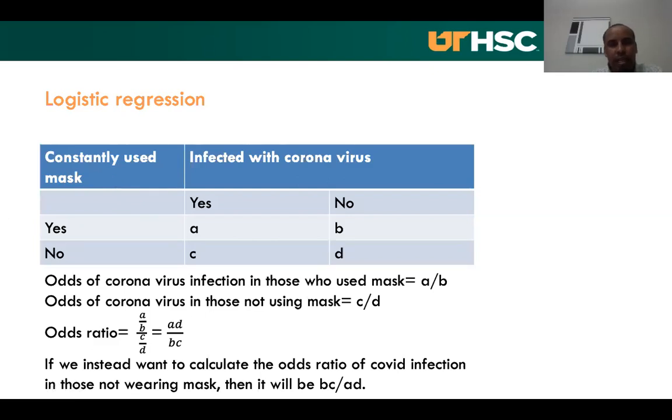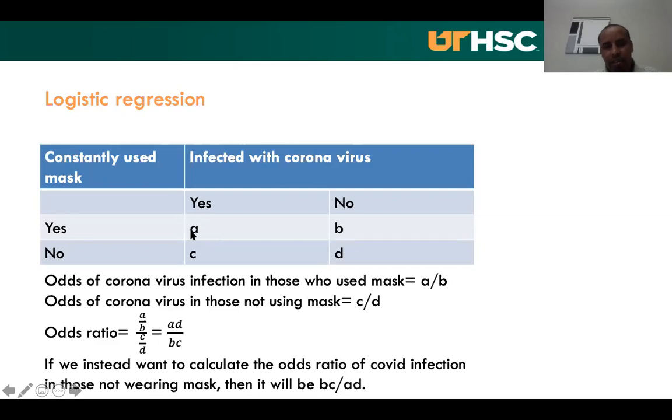So we can take the exposure, a protective exposure in this case, wearing a mask. If a person constantly wore a mask when they went out of home, were they infected during this coronavirus pandemic?